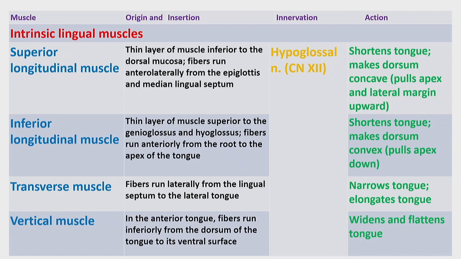And the extrinsic muscles, they are moving the tongue as a whole. The intrinsic, they are altering the shape of the tongue. And all the muscles of the tongue are innervated by hypoglossal nerve, cranial nerve number 12, except one extraglossal or extrinsic, which is palatoglossus, which is also considered as a muscle of the soft palate.